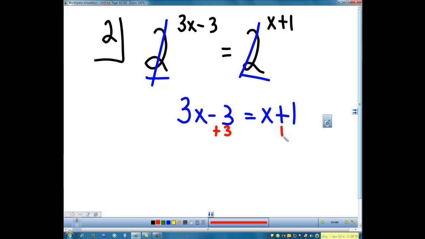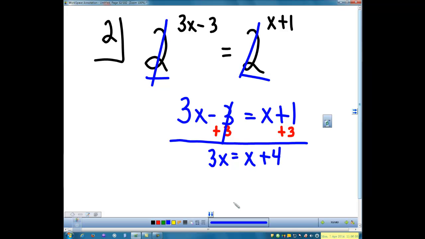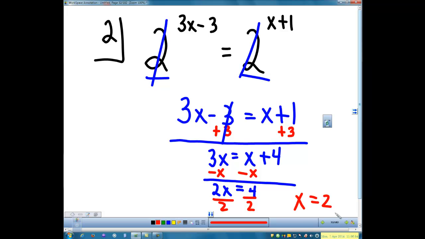If I add 3 to both sides, we get 3x is equal to x plus 4. Subtract x from both sides to get 2x is equal to 4. Dividing by 2 leaves x is equal to 2.